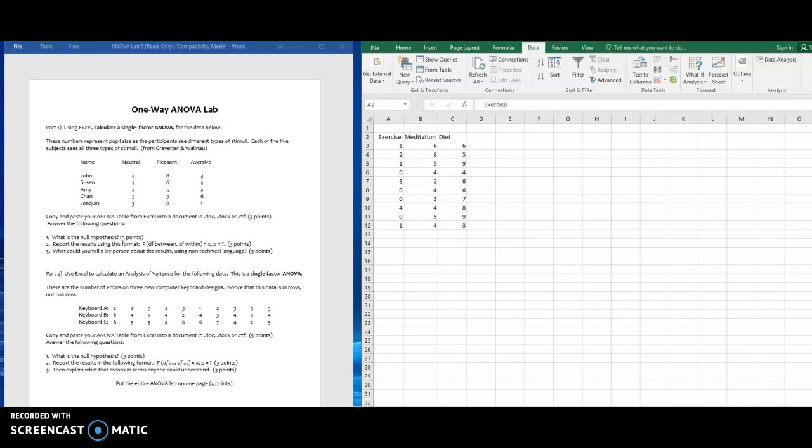All right? So I'm going to give you an example of what you're going to be doing in your 2 different one-way ANOVAs that you see here in your instructions. And so we're going to be going into our, well, here's my data. I'm going to use exercise, meditation, and diet as we look at stress. So we would have scores on some kind of graded.